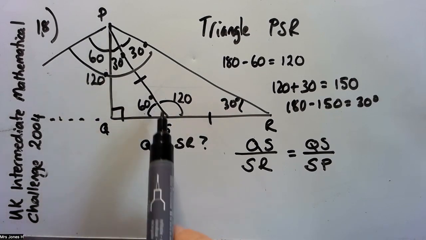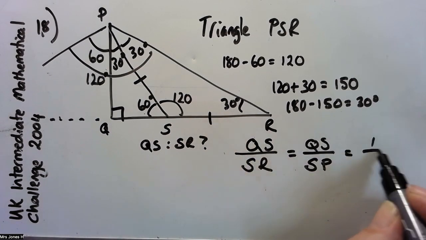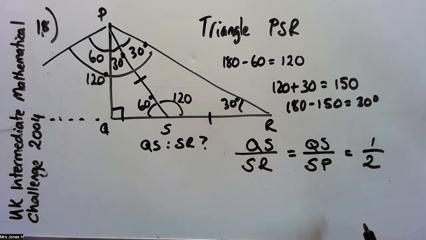So QS to SP, and if we're looking at this, it becomes 1 to 2, because PQS is half an equilateral triangle. The answer there is 1 to 2, and the answer will be E.